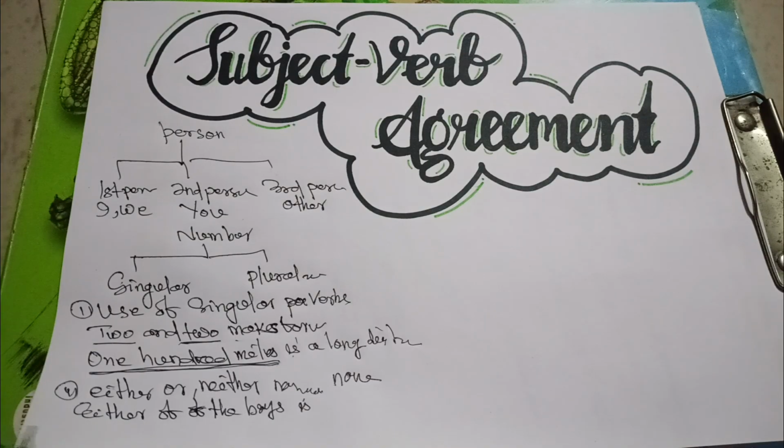Similarly, none of them has arrived yet. None of is connected with the plural them, but the singular verb has is used.